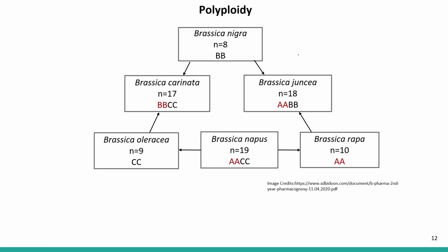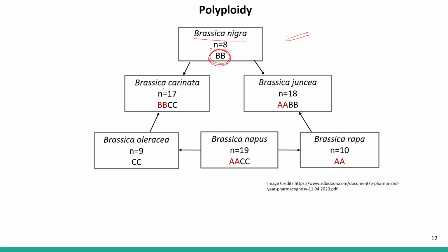We will see one of the examples. Brassica nigra has n equal to 8 and the BB set of chromosomes.